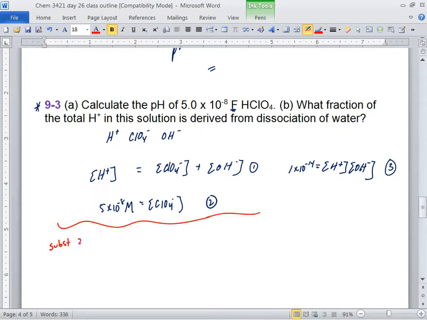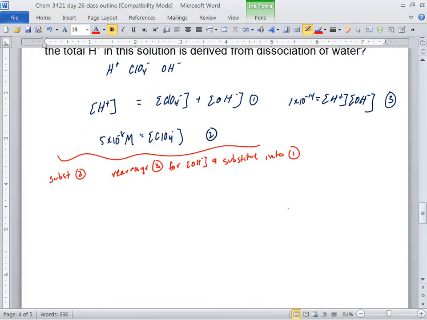Substitute 2. Maybe you could rearrange 3 first. Rearrange 3 for, I don't know, for hydroxide and substitute. It really doesn't matter. We have to get both of them. And substitute into 1.